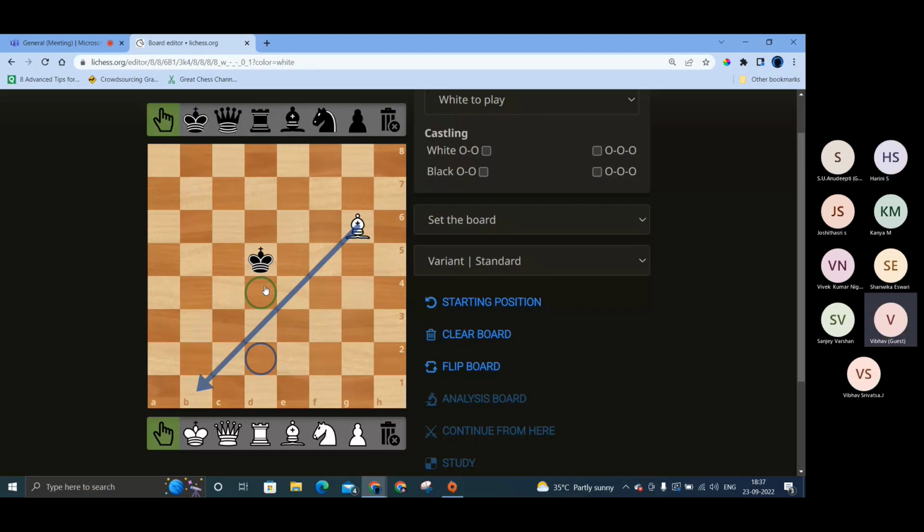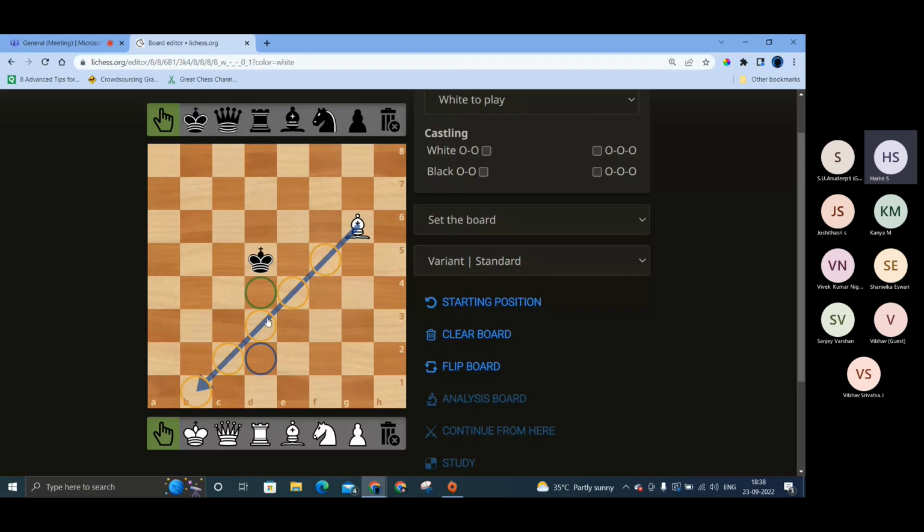E4? He cannot move to E4. See, the opponent is controlling these squares. Okay, I'll mark it in yellow. The opponent is controlling all these squares, and you cannot take the king to those squares.